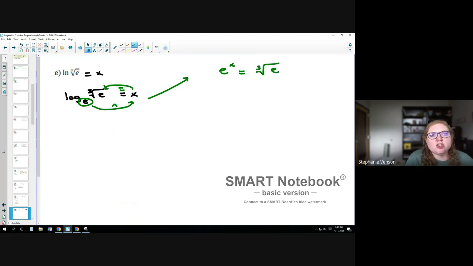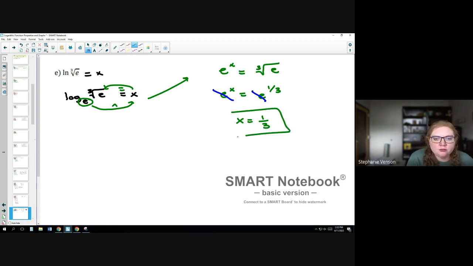Now I know that the cubed root is the same thing as the 1/3 power. So that can be rewritten as e to the x is equal to e to the 1/3 power. And once the bases are the same, we can drop the bases and just set the powers equal. So we get that x equals 1/3. And there you have it.